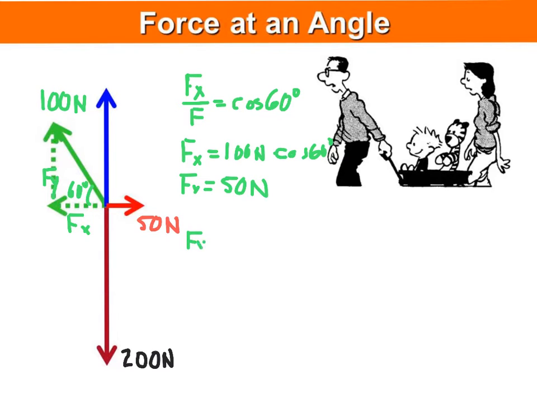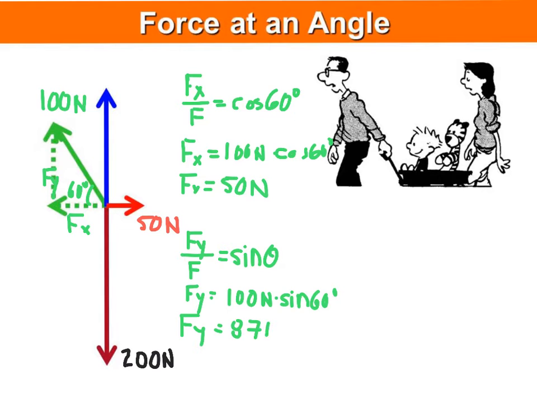My vertical force over F is equal to the sine of 60 degrees, and again, we'll go through and solve that. Fy is equal to 100 newtons times the sine of 60 degrees. So Fy is equal to 87 newtons.